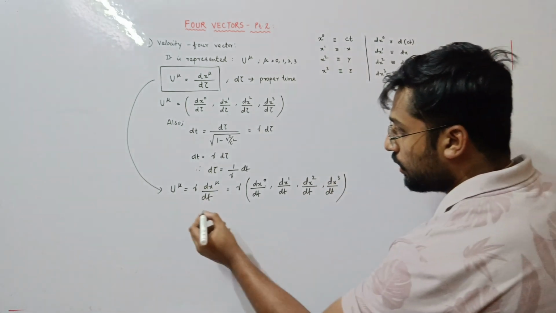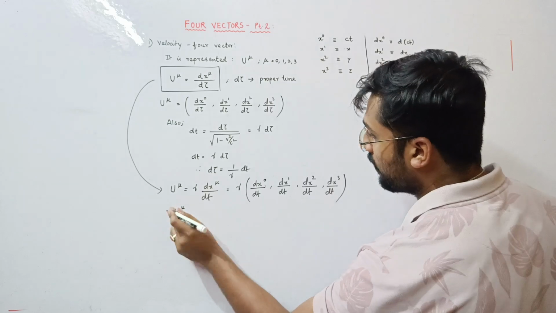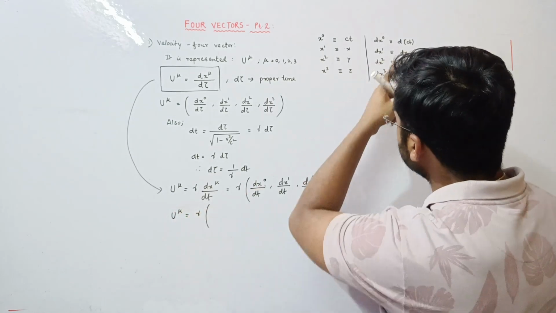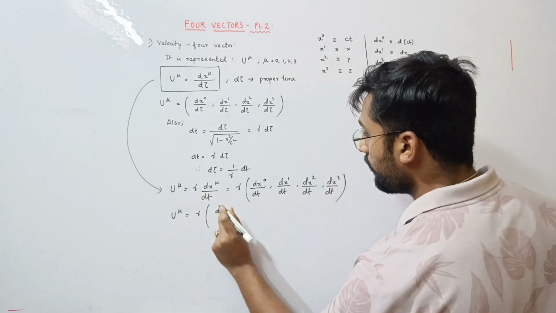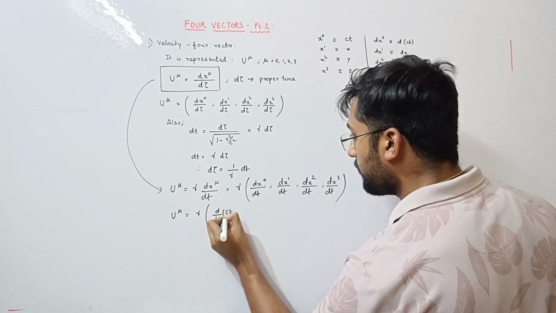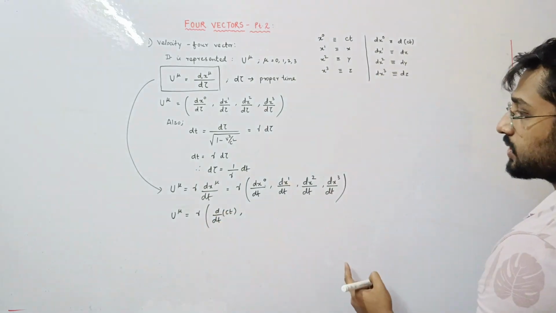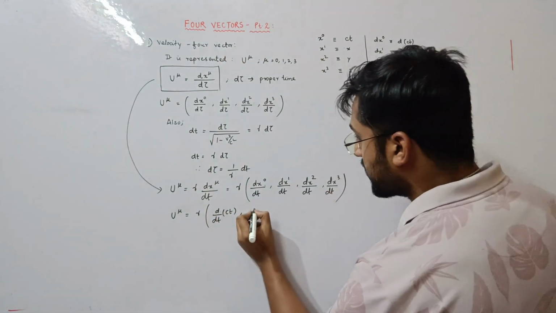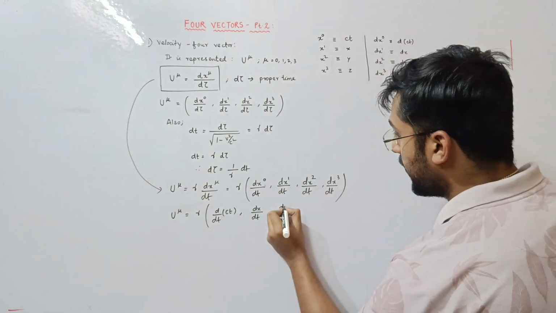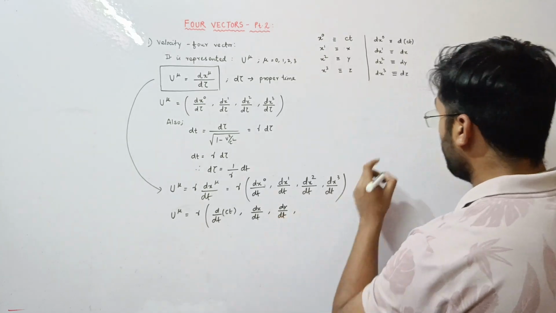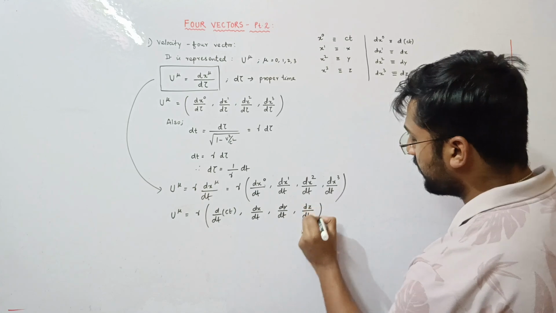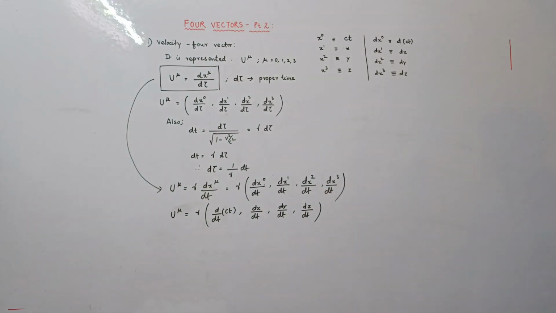Now we'll be replacing dx0, dx1, dx2 and dx3 as we have obtained over here. So u mu, which is the four-velocity, becomes gamma, with dx0 becoming d(ct), dx1 becoming dx, dx2 becoming dy, and dx3 becoming dz, and in the denominator we have dt, right?